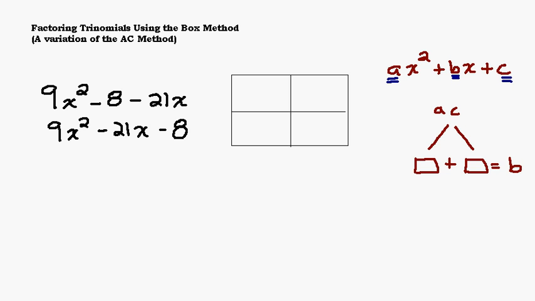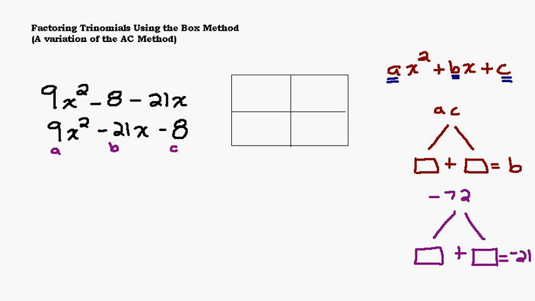Over here in our example then, our a value is 9, our b value is negative 21, and our c value is negative 8. We want to take a times c. We're going to set up this little triangle thing here. So a times c, 9 times negative 8 would be negative 72. So we have to figure out two things that multiply together to be negative 72 and add to be negative 21.